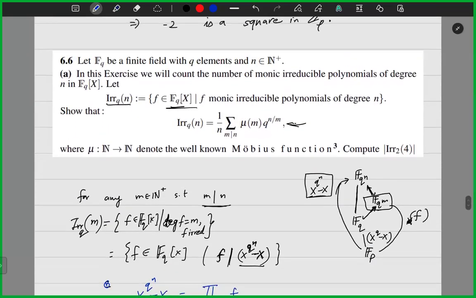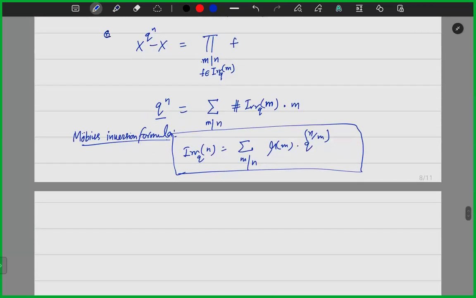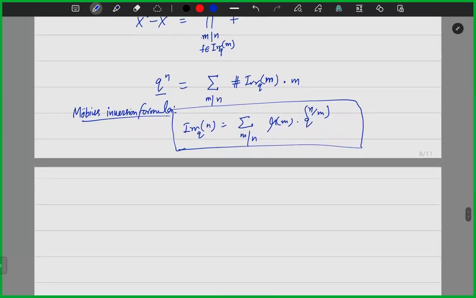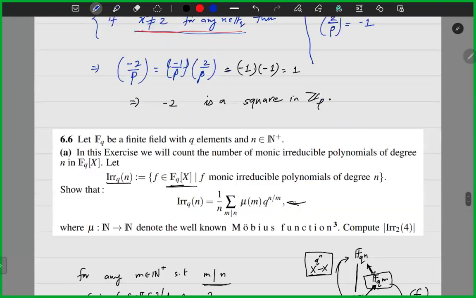And the second part is trivial from this. Part B of 6.1.